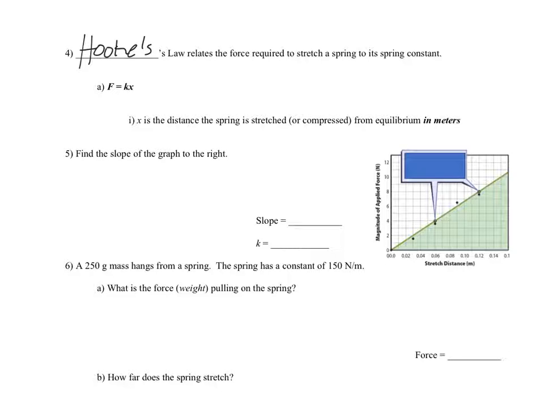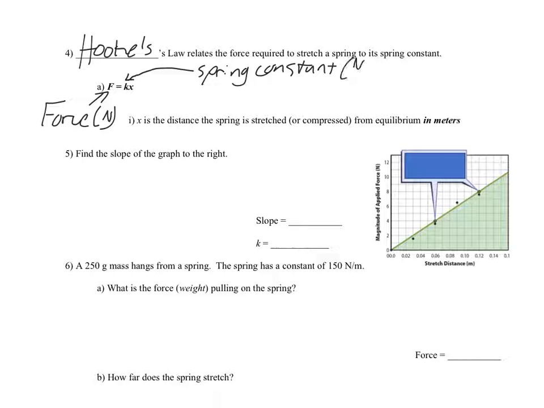So F is the force that you're using to pull or compress the spring, measured in newtons. The spring constant, k, measured in newtons per meter.